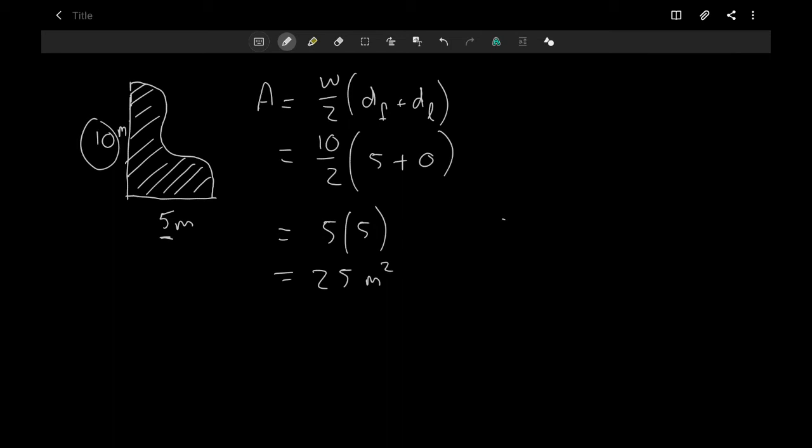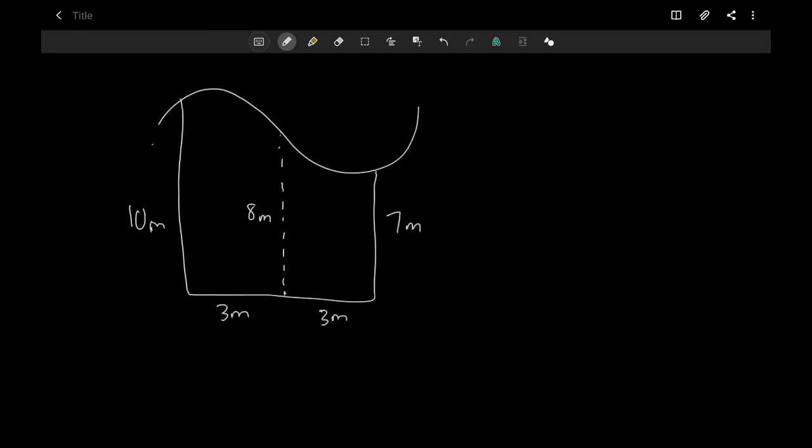Of course, in an exam situation, the examiners are not going to give you such a simple question. What they're going to do is ask you to find the area by using two applications of the trapezoidal rule. So what does that mean? So let's take a look at this drawing. Slightly different to the drawings that we've had previously.